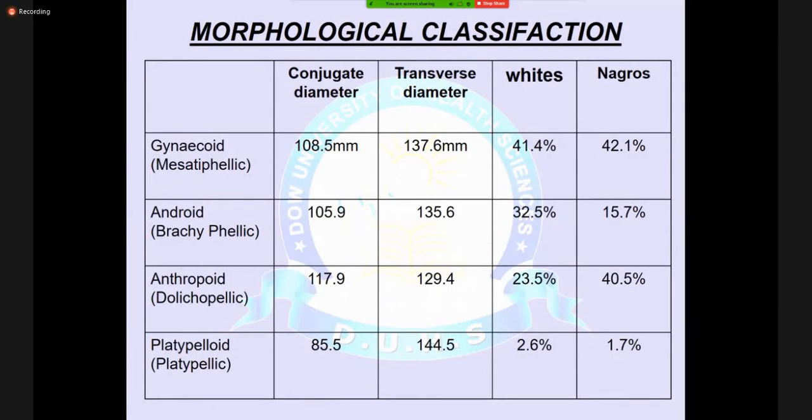Now, comparing the percentage of the pelvises that present in different races, you would see that the gynecoid pelvis has an anteroposterior diameter of 108 millimeters, transverse 137 millimeters, and is more liable to be present in white women compared to the African women over here.